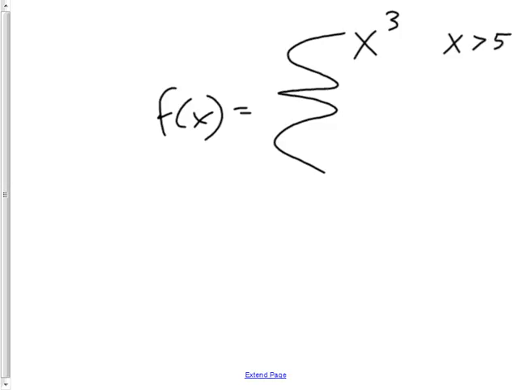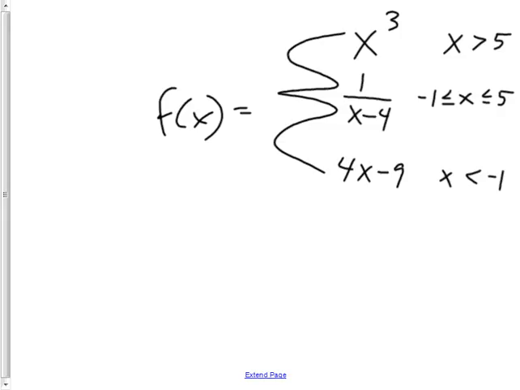And it's going to be 1 over x minus 4 when x is between -1 and 5, and it could be -1 and it could be 5. And it's going to be 4x minus 9 when x is less than -1. All right. So this is 3 different functions all in one.